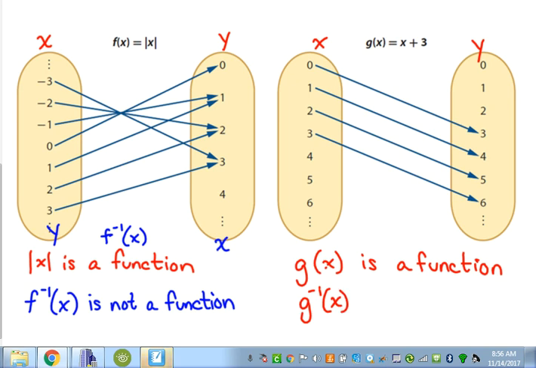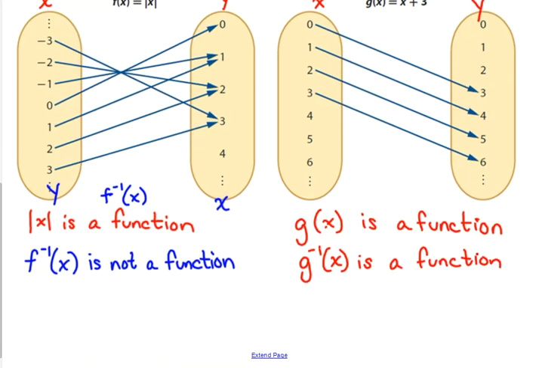If we flip these around, is it a function? Yeah. If the right side is now our x values and the left side is now our y values, we still only have one value matching to one value. So this is also a function. Its inverse is also a function.